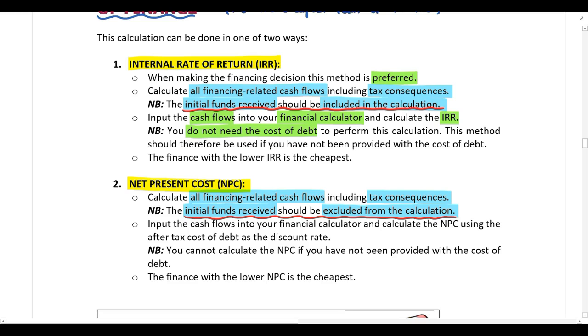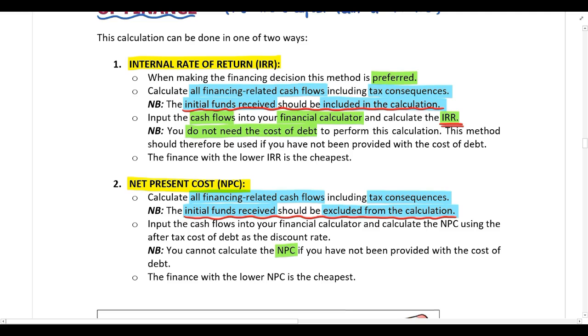So if you are given various different types of finance in a question and they want you to calculate the most cost-effective form of finance, if they don't give you the cost of debt, you will be forced to calculate the internal rate of return because we don't need the cost of debt when calculating the internal rate of return. However, on the other hand, if you want to calculate the net present cost, you need the after-tax cost of debt because we use the after-tax cost of debt as our discount rate.